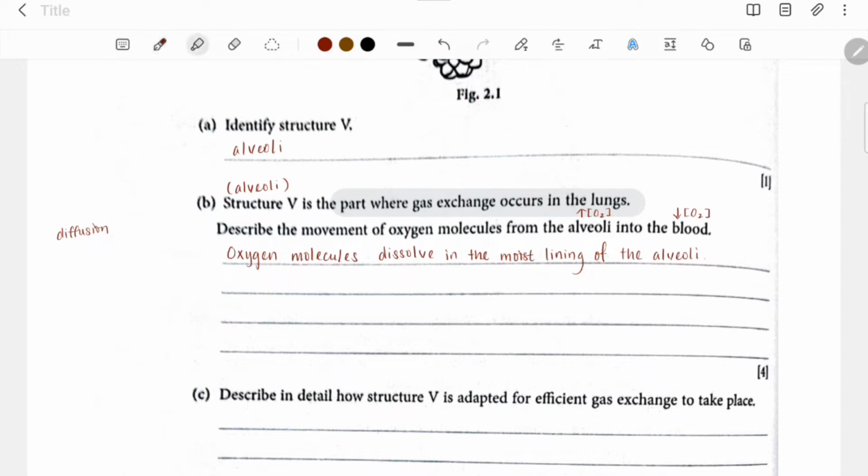Moist lining is the keyword lah. And then dissolve. And then after that, second point.